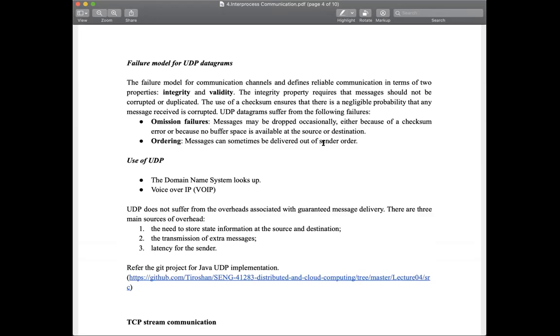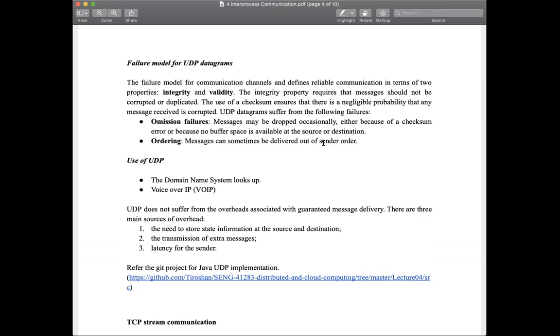So the next datagram which reaches process B, since there won't be any space in the queue, technically gets dropped at that point. But in a UDP communication, the sender is not interested in the receiving acknowledgement. Because of that, the sender does not know about the drop of that message. So that's the main thing. So omission failure: the sender does not know about the message loss or the drop of that message.